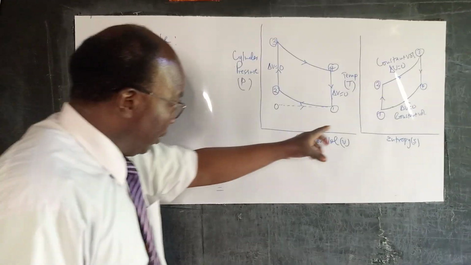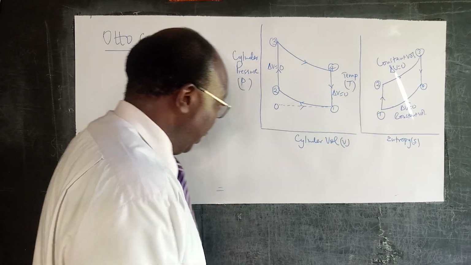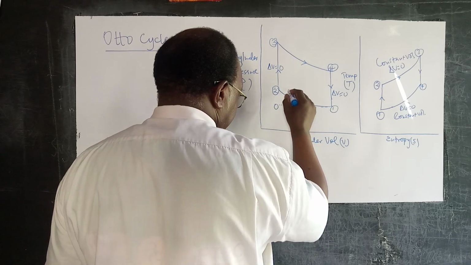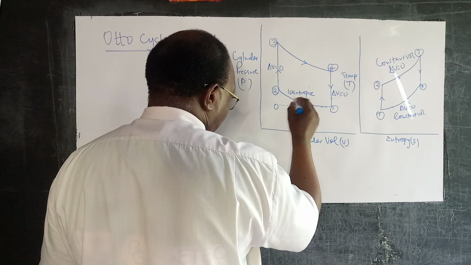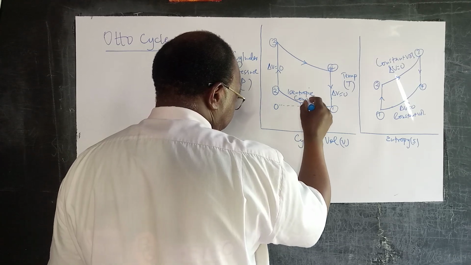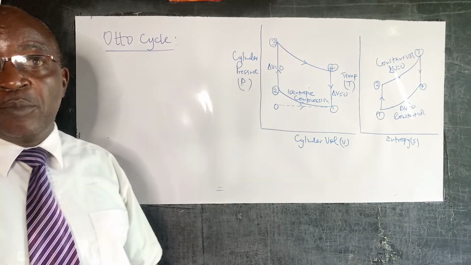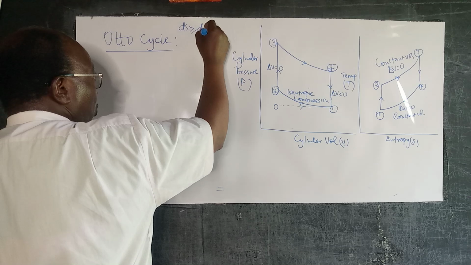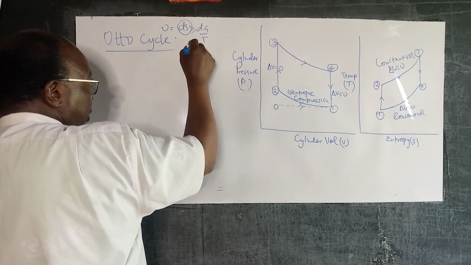And if we look at process 1 to 2, that is isentropic. So 1 to 2 is isentropic, and this is isentropic compression. And remember, we said that from Clausius inequality, ds is greater than or equal to dq over T. So if this ds is 0, then dq is equal to 0.